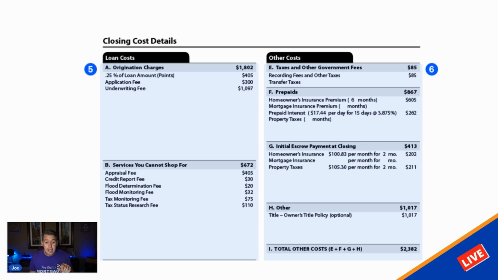If you look below that, those are all the appraisal fee, the credit report fee, flood determination, flood monitoring, tax monitoring. These are all different fees that the lender has chosen to use from service providers. Now, some lenders don't have all those service providers. They have it included in their up-top fees, but section A, that's the section you're really shopping.